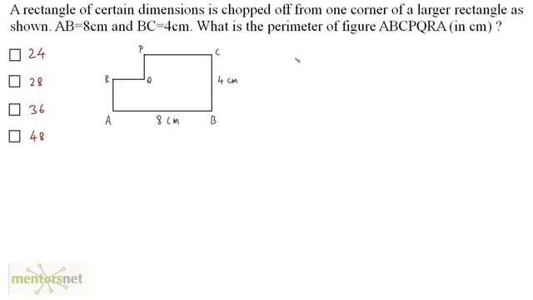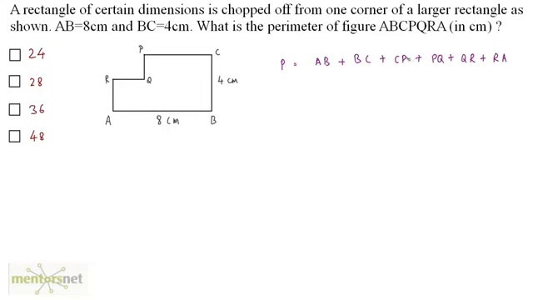So I can write it as P is equals to AB plus BC plus CP plus PQ plus QR plus RA, last side. Okay, now CP plus QR will be equal to AB, isn't it?